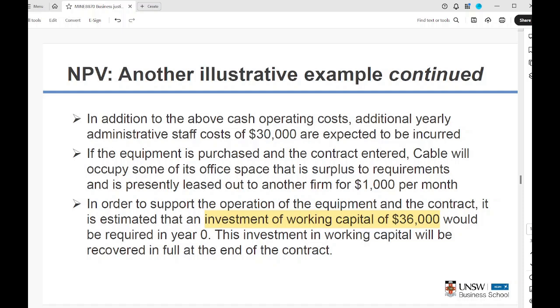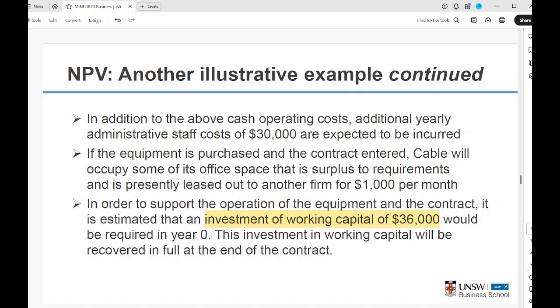So that's things that we expect to use or pay in the next 12 months. That's going to be things like inventory, accounts receivable, and also accounts payable, which all comprise working capital. But what will typically happen is that if we undertake a new project, we've got increased inventory and receivables that we need.